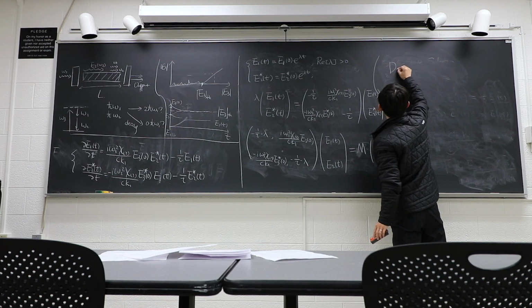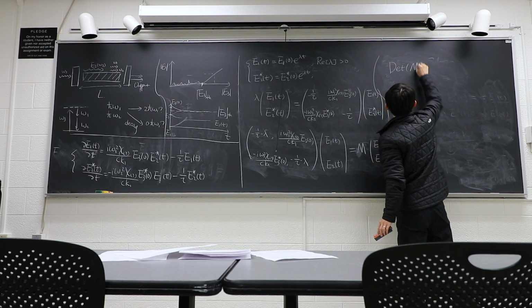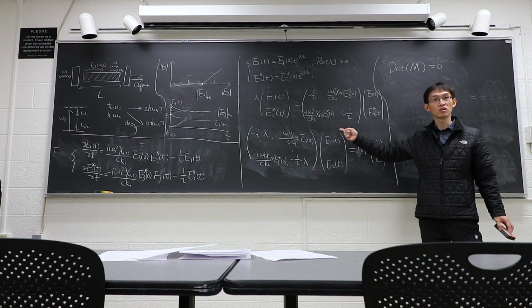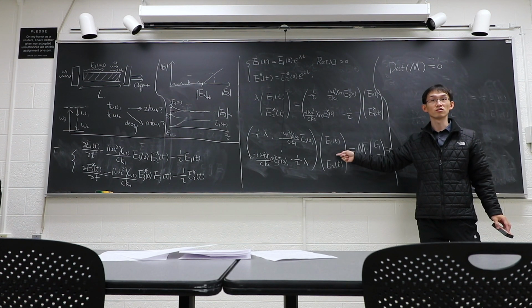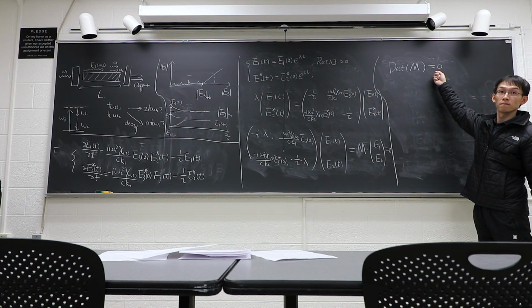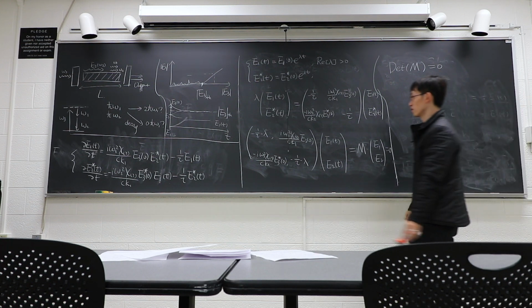For a non-trivial solution, meaning a non-zero solution of E1 and E2, there's a condition, right? You guys learned from linear algebra that this determinant goes to 0. Okay. And what is this one?